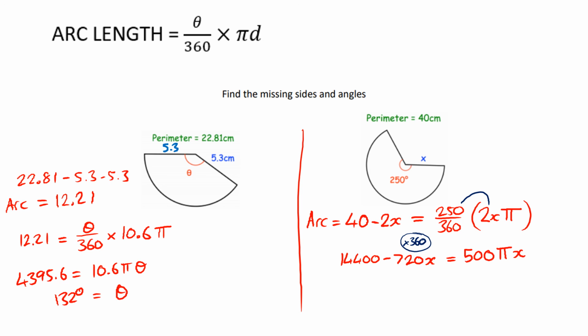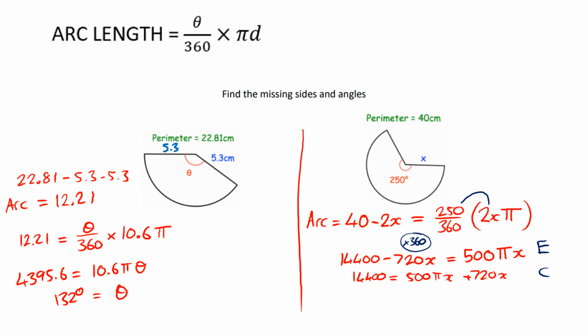Okay, so what now? Well, we want to find x. So this is essentially a Meckford question, and we've just done the expand step. So the next step is going to be to collect our terms together. So 14,400 is equal to 500 pi x, and let's add that 720x across.